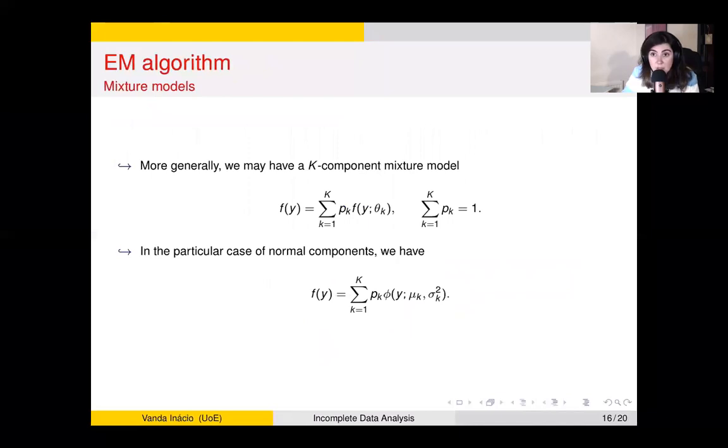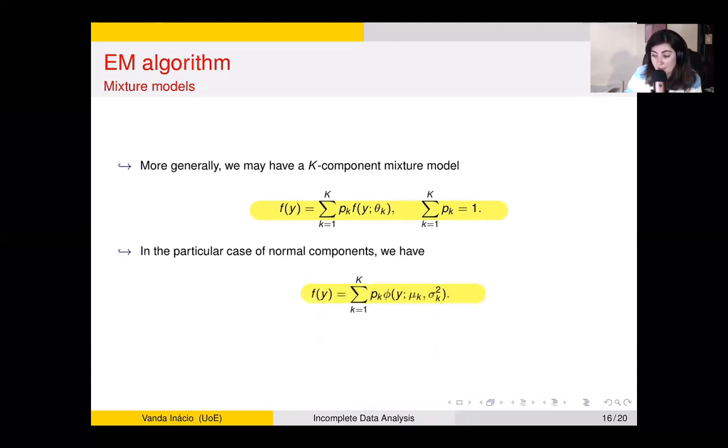And in general, we are not restricted to a two-component mixture model. I can have, more generally, k components, and I don't need to have mixtures of normals. I can have mixtures of other densities, and that's exactly what I have here. The only constraint is that the weights associated to each component need to add up to 1, and I have here the case for a k-component mixture model.